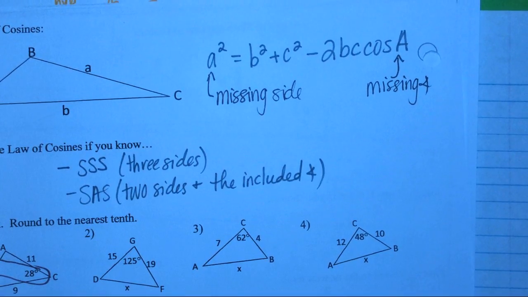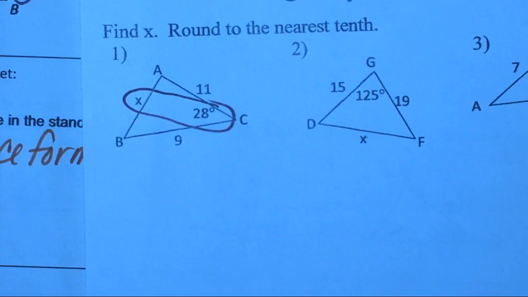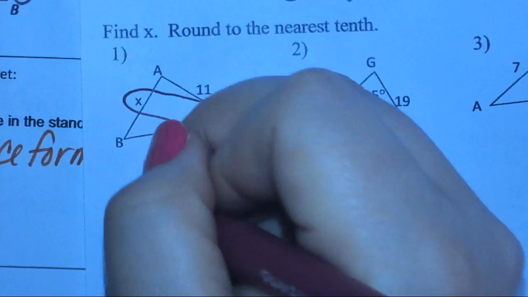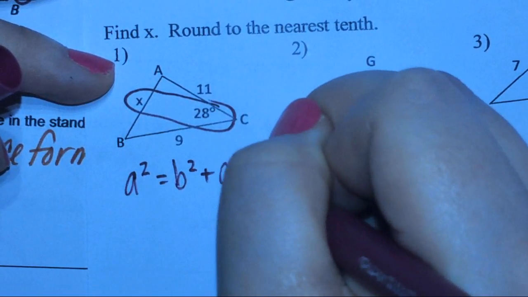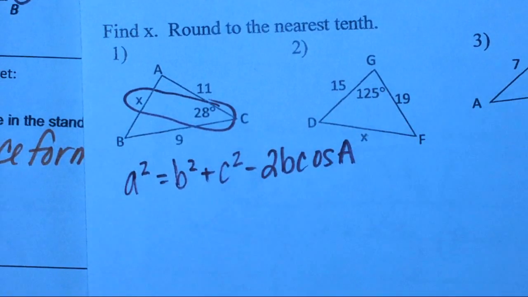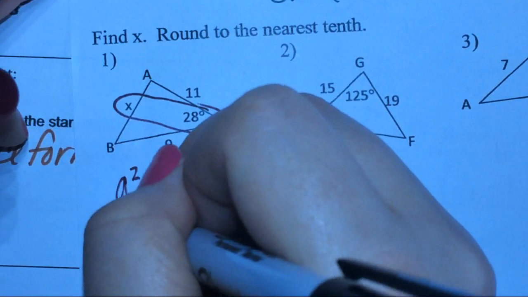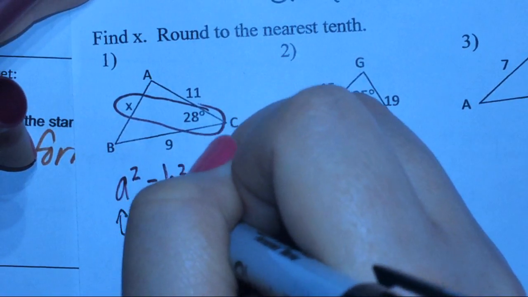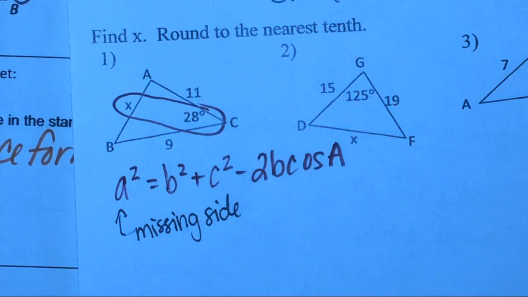Okay, so I started my first one. I'm going to start at number 1. I'm going to go ahead and write that formula. I'm missing a side, so I get to plug that in for little a.